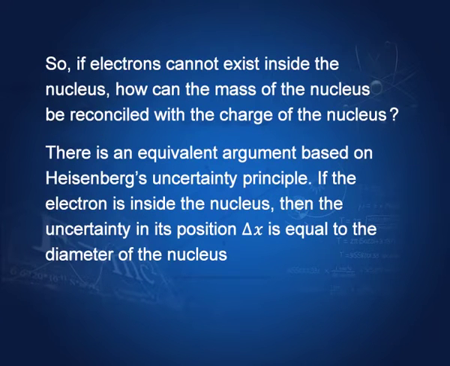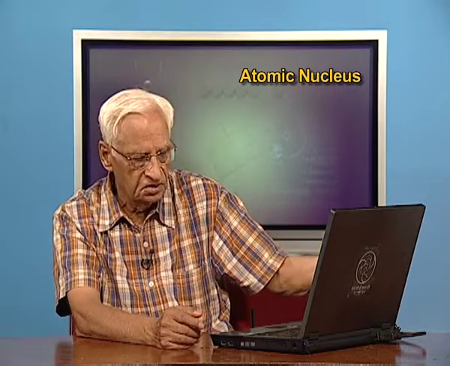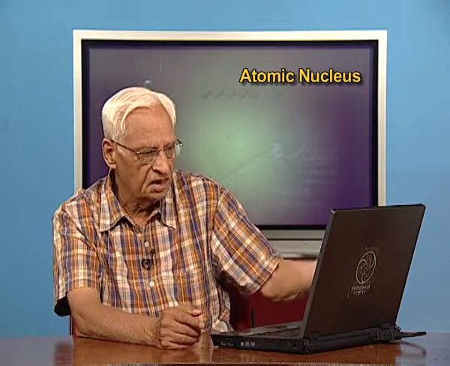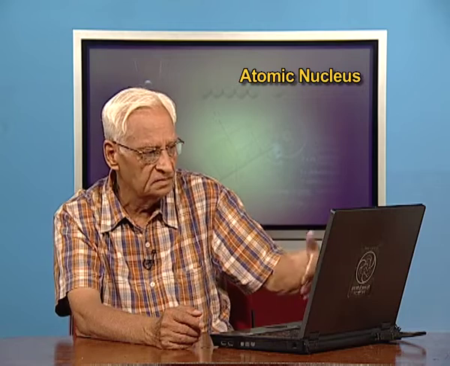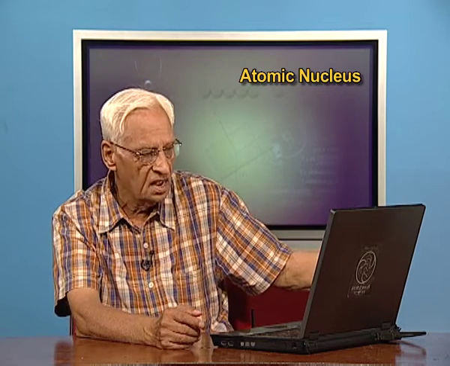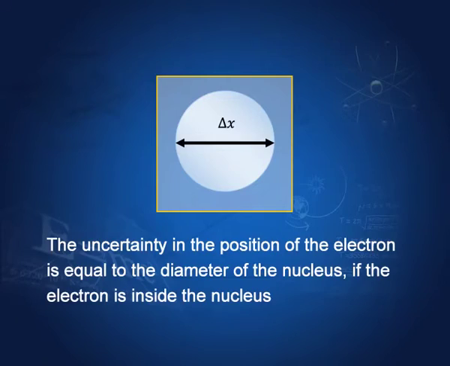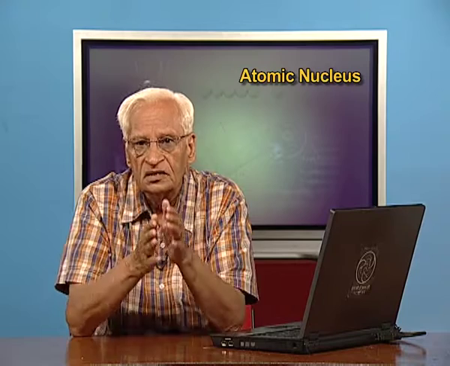So, if electrons cannot exist inside the nucleus, what do we do? There is another argument based on what is known as Heisenberg's uncertainty principle, which we shall study in a few more slides down the line. We shall study this argument. Here, the uncertainty principle says that the product of the uncertainty in the location of an object and the uncertainty in its momentum is equal to h cross.